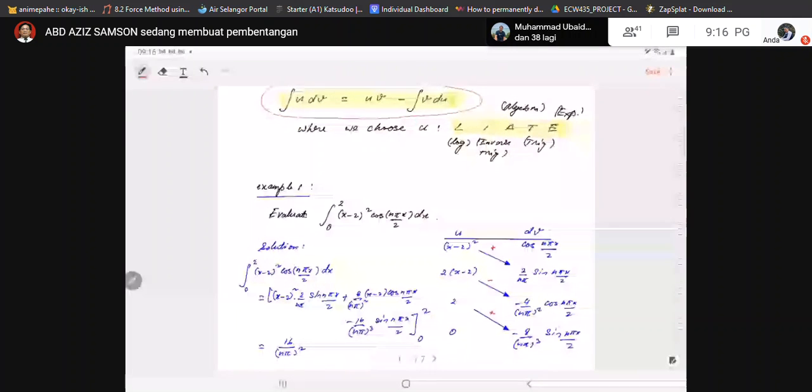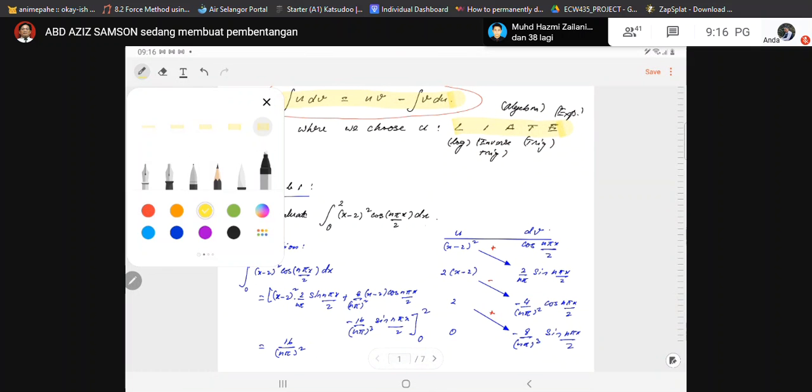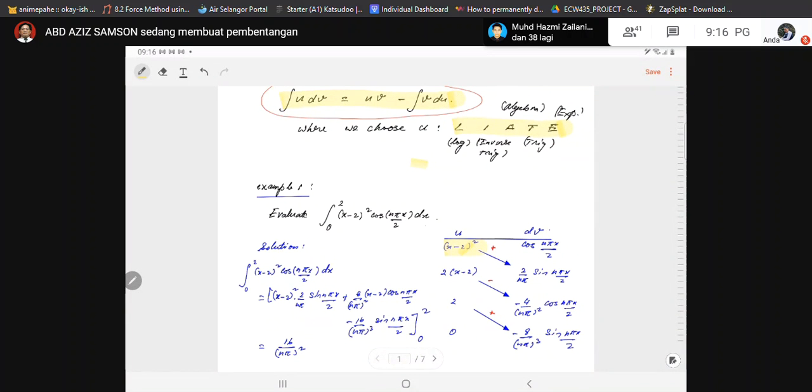So here we choose u to be x minus 2 squared. Then we differentiate the expression until we get 0. So in this case, if you differentiate x minus 2 squared, it will be 2 times x minus 2.